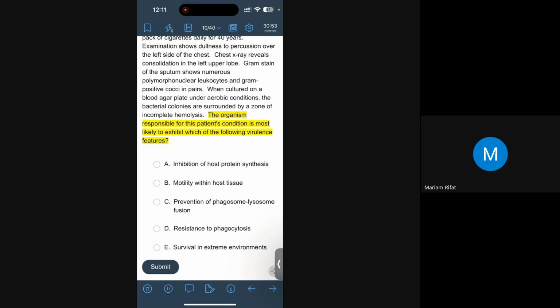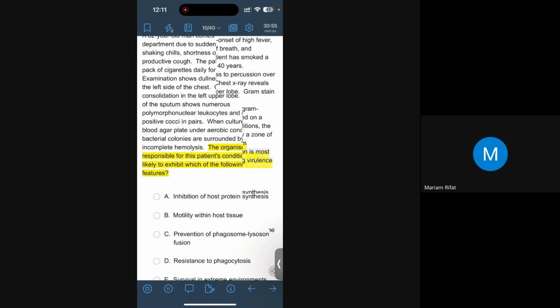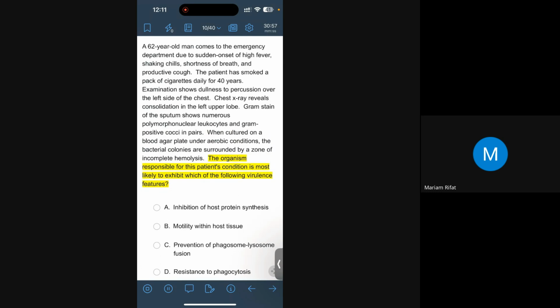So again, a question regarding the virulence factor. Sudden onset, high fever, shaking chills, shortness of breath, and productive cough. The patient has smoked a cigarette for 48, dullness to percussion on the left side of the chest.